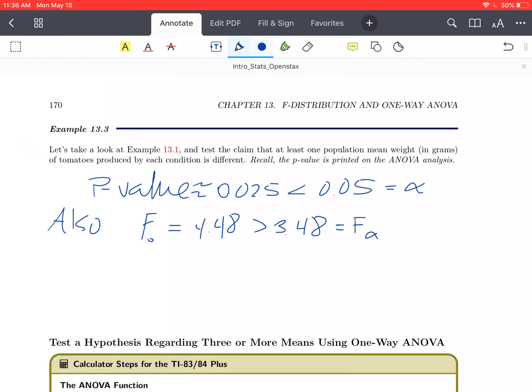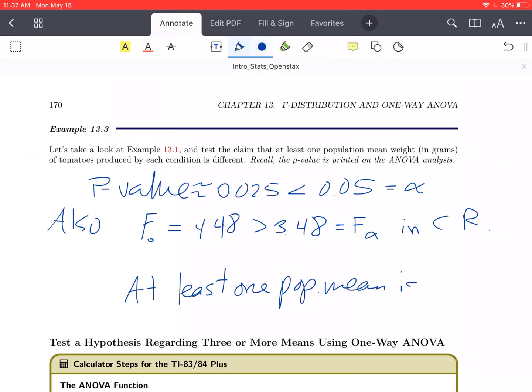Okay, so that tells us it's in the critical region, which we've seen in our hypothesis test before. So we can reject the null hypothesis, and we can say at least one population mean is different. Okay.